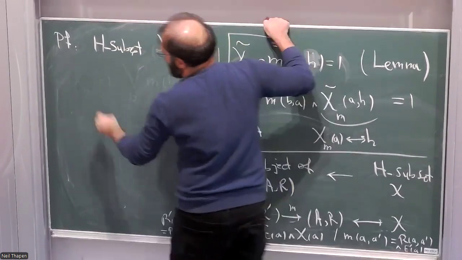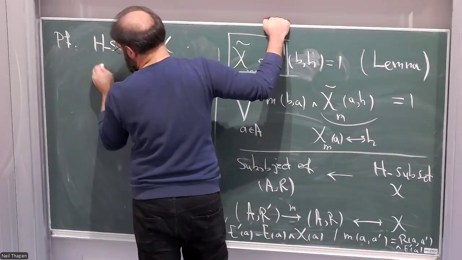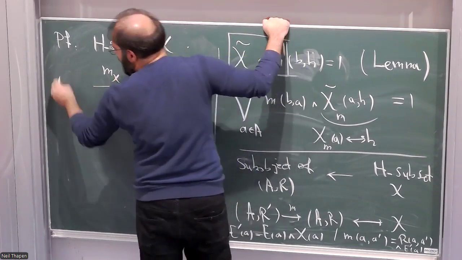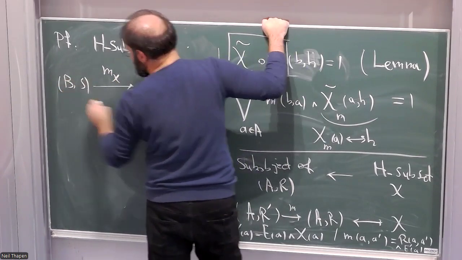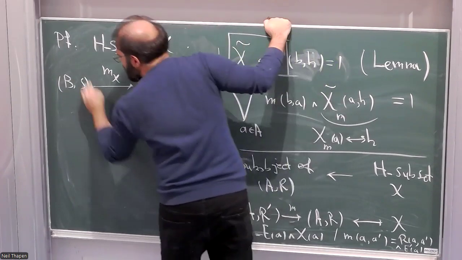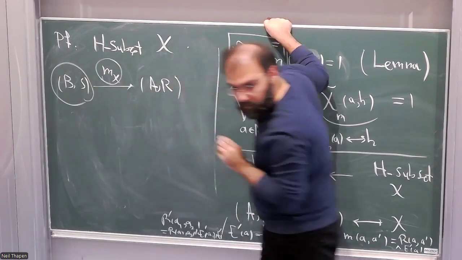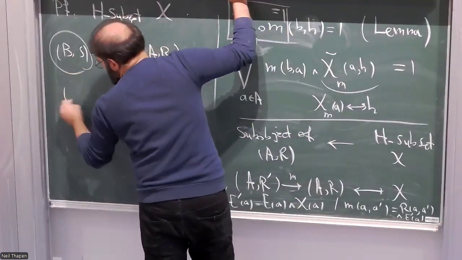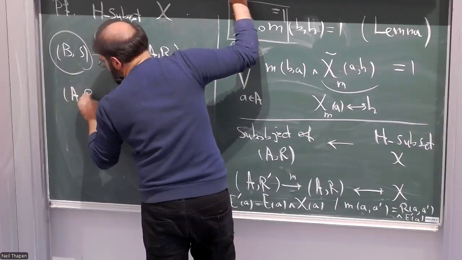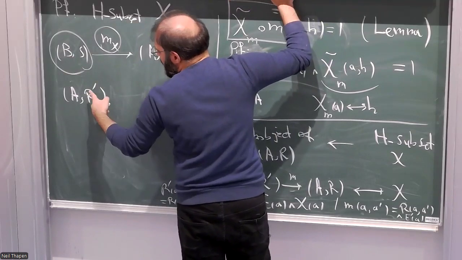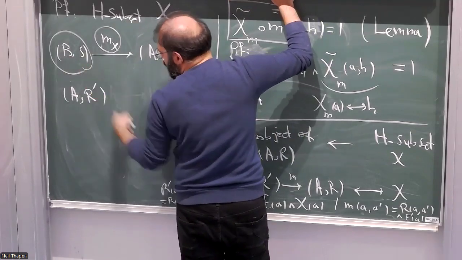And I want to assign to chi some M chi, which is monic, and goes from some BS to AR, right? So I have to construct this, I have to construct that. So first this guy. So this is simply AR prime. So the set is A itself. Now I have to define R prime.